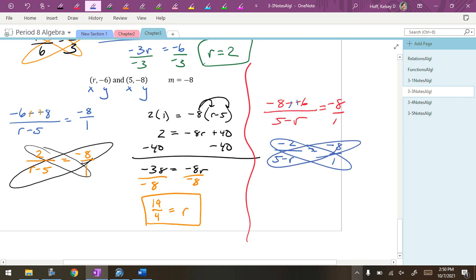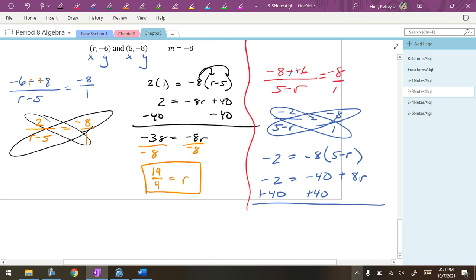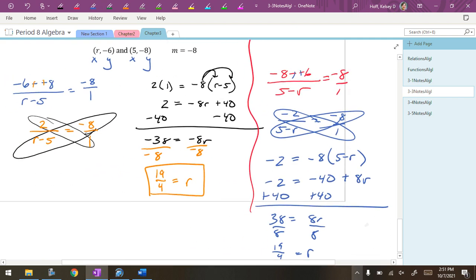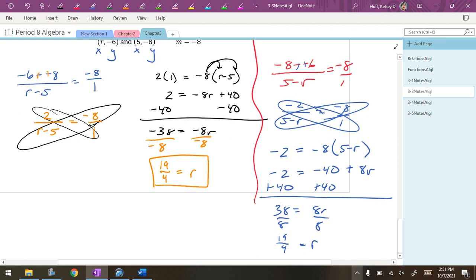Oh, sorry. -2 equals -8 times 5 minus r. -2 equals -40 plus 8r. Add 40, add 40. 38 equals 8r. Divide by 8. r is 19/4.